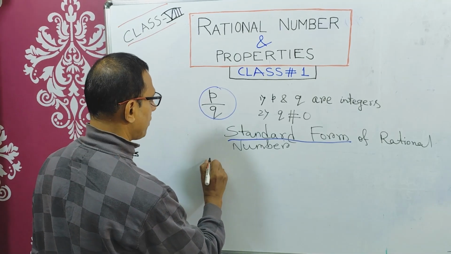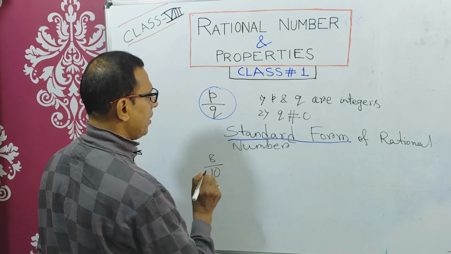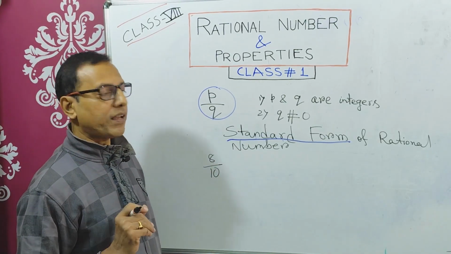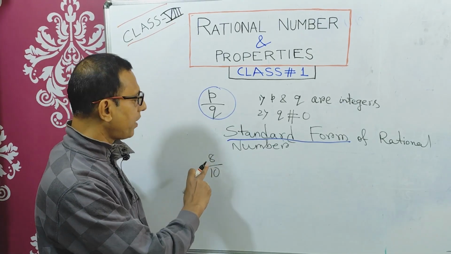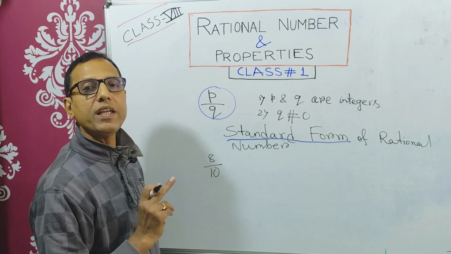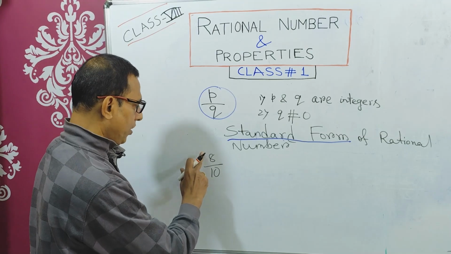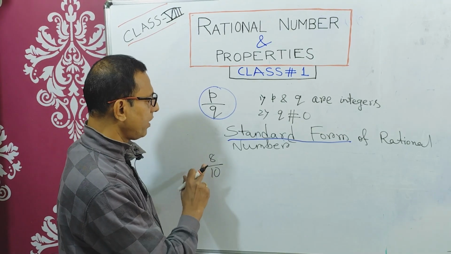Let's consider the rational number 8 by 10. If you can express a rational number where the numerator and denominator don't have any common divisor other than 1, that is the standard form.